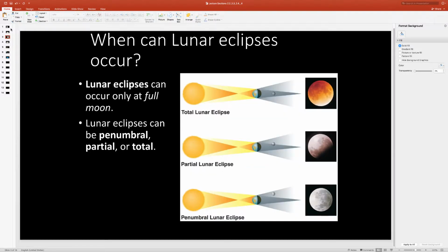So when can lunar eclipses occur? Well, let's look at the geometry of this total lunar eclipse. And here's a picture of what it actually looks like. It's really beautiful. They occur quite often, so it's really nice to be able to see them. In this geometry, the moon is in the Earth's shadow, right? So the sun's here, the Earth is in the way, and you get the moon right in the shadow of the Earth.